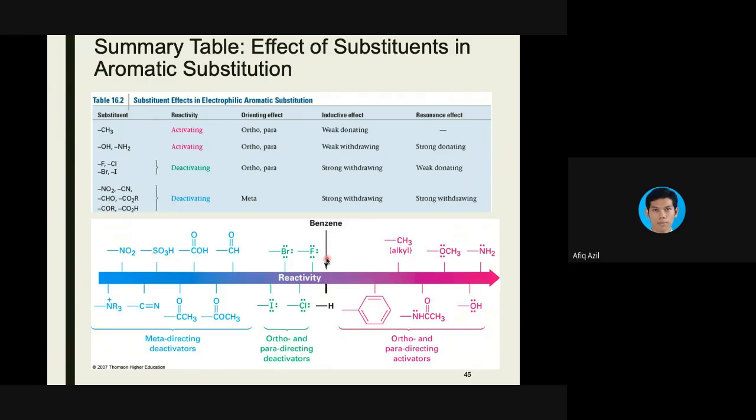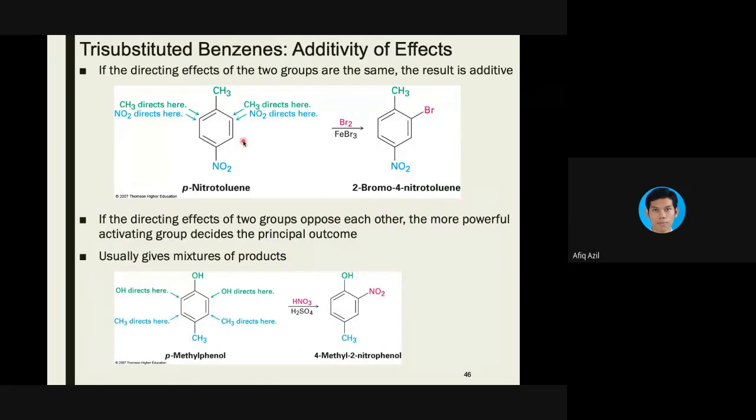Here is the benzene, a normal benzene ring with no other substituents. So why? Due to this reason. Here we see trisubstituted benzene, additivity of effects. Let's say the original structure that you want to do another substitution reaction on already contains two different substituents.